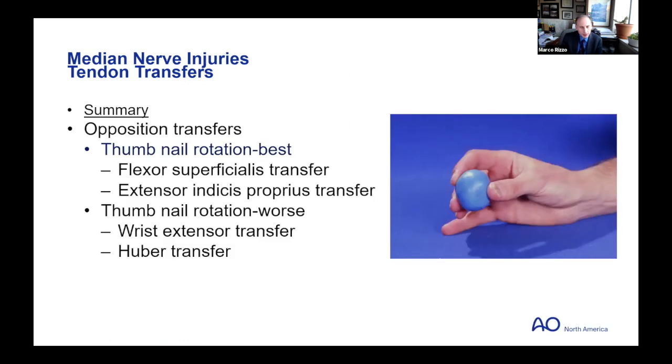So in summary, opposition is usually the fundamental mainstay of many of these median nerve transfers. Again, for my practice, for the thumb rotation to get the best opposition, I prefer flexor superficialis, but also the extensor indicis proprius transfer.